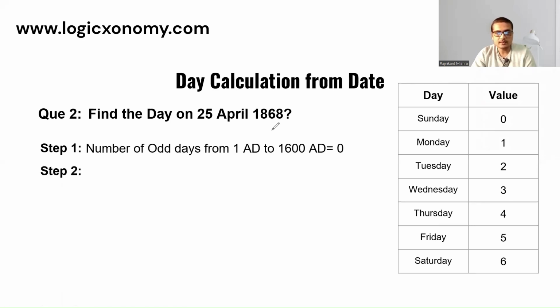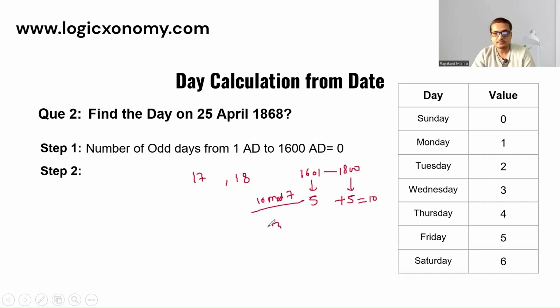We have to calculate the number of odd days in the 17th and 18th century, it means from 1601 AD to 1800 AD. In each century, the number of odd days is equal to 5. 5 plus 5 is equal to 10. 10 mod 7 is equal to 3. Means in these 2 centuries, the total number of odd days is equal to 3.